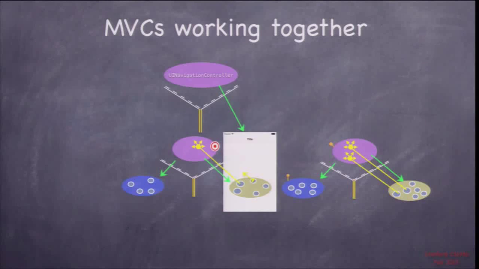Every time we push a new thing onto a UINavigationController, we're creating a new one from the storyboard. We're instantiating a new one in the heap, and every time we go back and it goes away, it's deallocated. So these MVCs need to know how to come to life, be prepared to come on screen, do what they do, finish what they've done, save whatever work it is, and then just go away. That is the model.